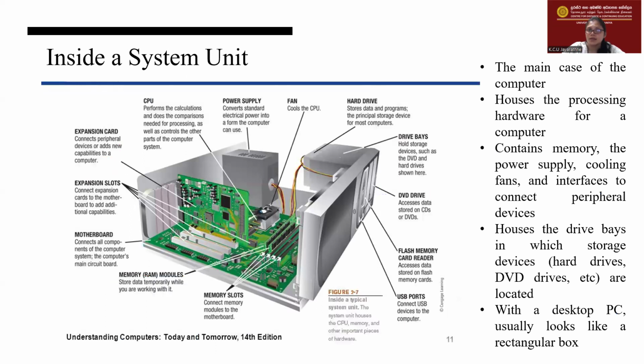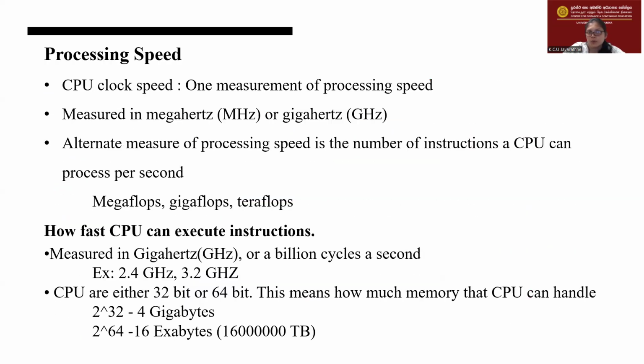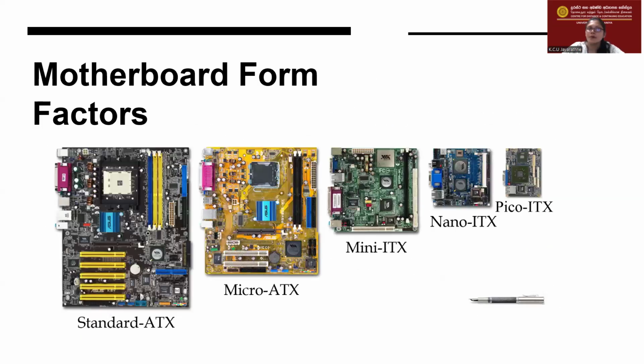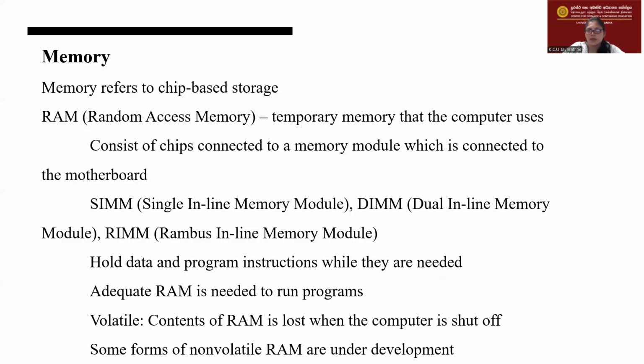Earlier I mentioned that in the system unit there is a RAM. Now we are moving into more detail on this RAM. RAM is temporary memory that the computer uses, consisting of chips connected to a memory module, which is connected to the motherboard.